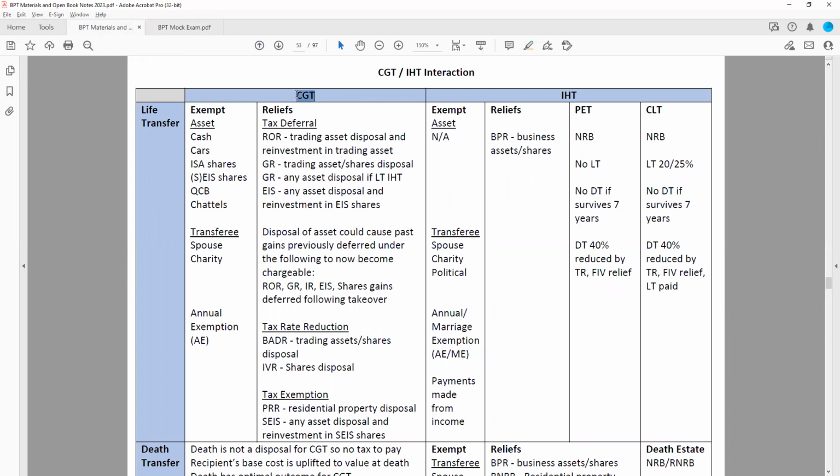So what would it be for CGT? Well, of course, cash is exempt, and also it's being transferred to her wife, so it's exempt because of that too. So it's exempt in both ways. That's quite straightforward.